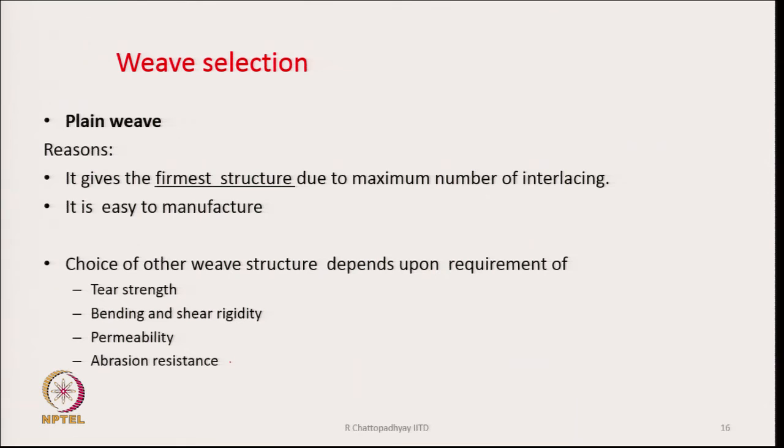That is, if we switch from plain weave to twill, or twill to sateen, or different types of twill that we have, or basket weave, these properties of the fabric are going to change. So, whether we will go from plain to basket or plain to twill or not depends upon what sort of requirements there are from the point of view of tear strength, bending rigidity, permeability, abrasion resistance, etc.